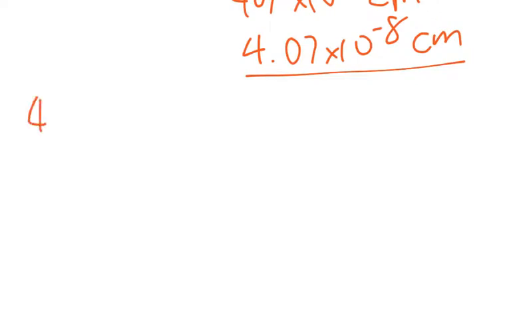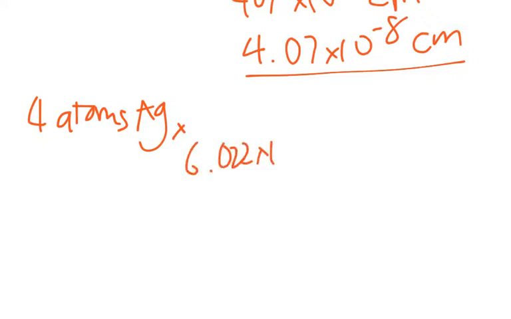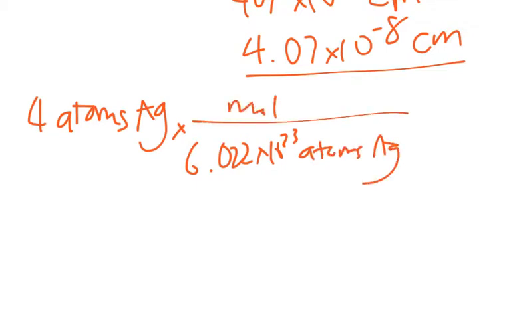Well, 4 atoms of silver times Avogadro's number. So we have to think about whether it goes on the bottom or the top. So I think it goes on the bottom, 6.022 times 10 to the 23rd atoms of silver per mole of silver. And we know that a mole of silver weighs, well, let's check out a periodic table. It weighs 107.87 grams.